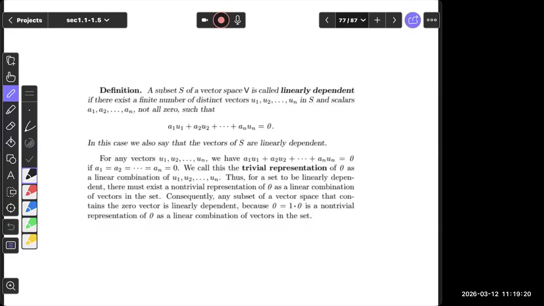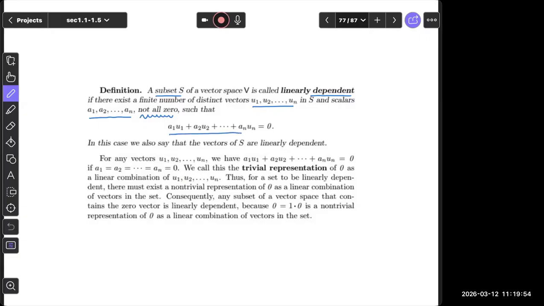So given a vector space, we say a subset S is linearly dependent if there exist some vectors, say u1 up to un, and some numbers, not all zero, such that the linear combination of these vectors in S produces 0 with those a1 up to an as the coefficients.